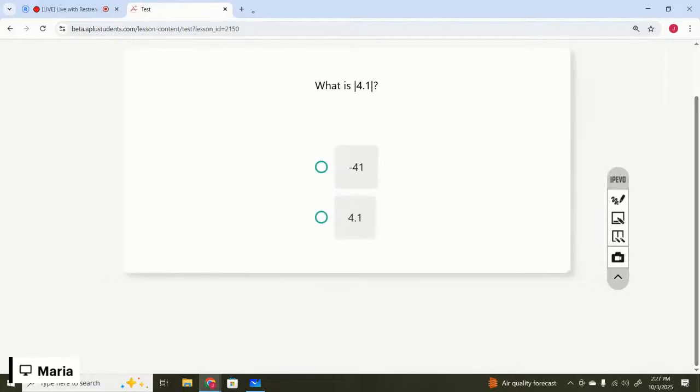Option number 1 is the correct option. What is the absolute value of 4.1?